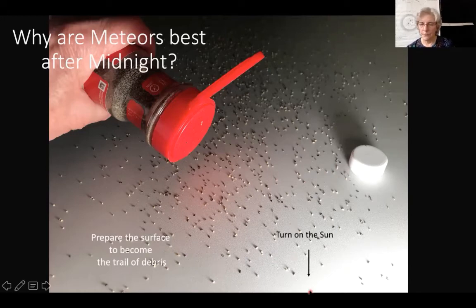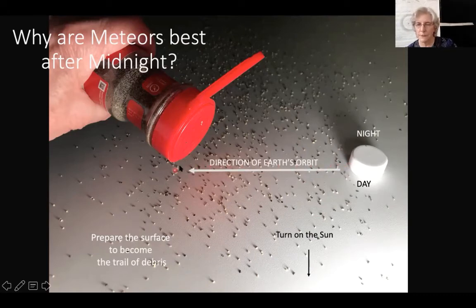You turn on the sun over here. You can see the direction of the sun from the shadows of the particles and from the shadow of the Earth. This is the day side, the sunshine side, and this side is the night side over here. And this is the direction of Earth's orbit, the direction Earth is traveling in its orbit around the sun.